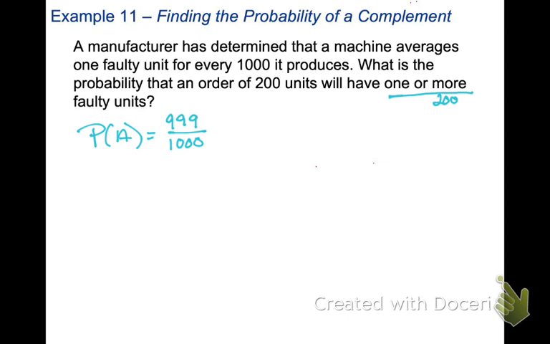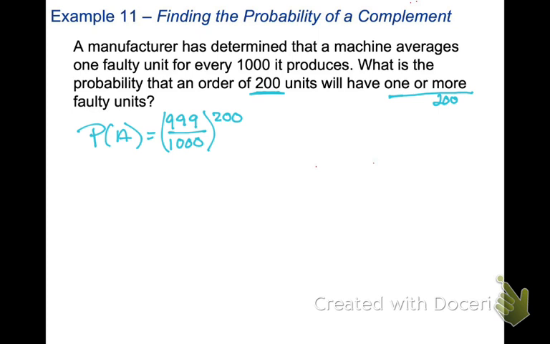How many times am I picking? 200. So that to the 200th. And I'm definitely not going to figure that out by hand. We're going to let our calculator do it.